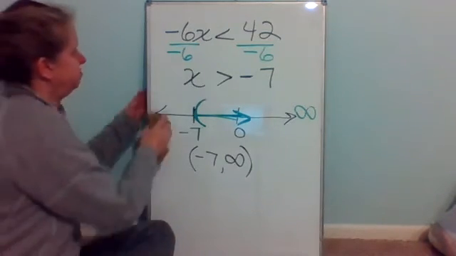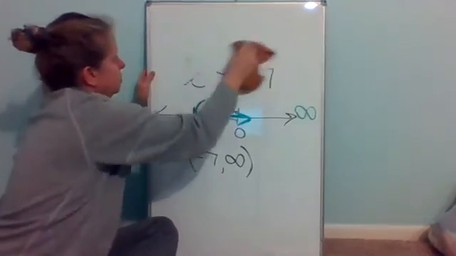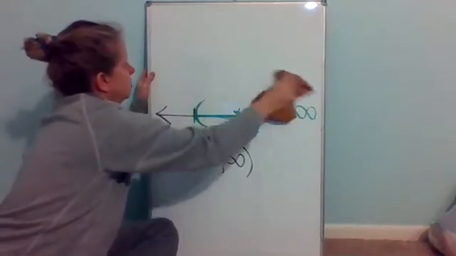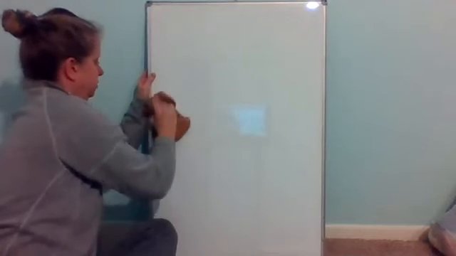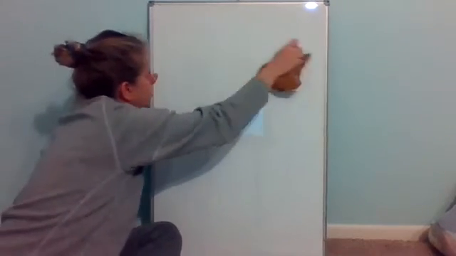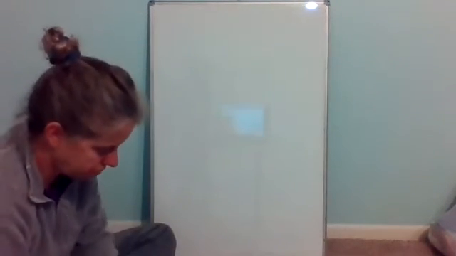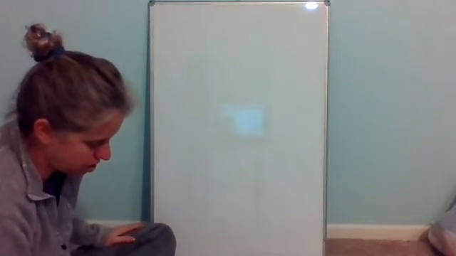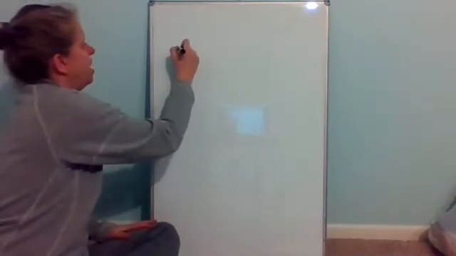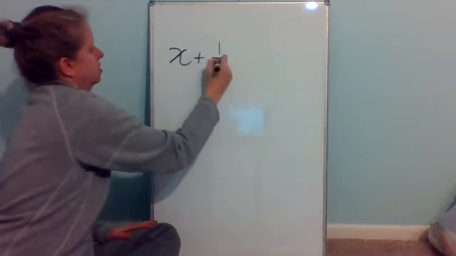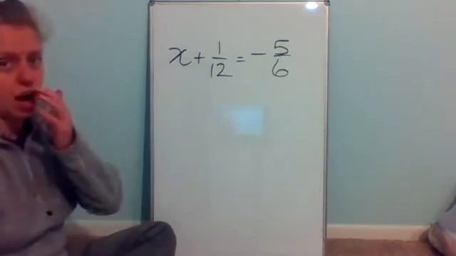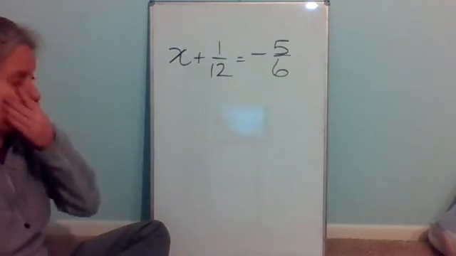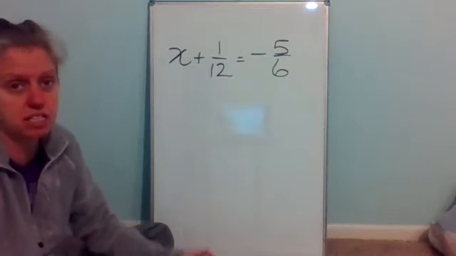All right, number 15. X plus 1/12 equals negative 5/6. Okay, so remember, this does have fractions, but remember, our calculator does this for us.